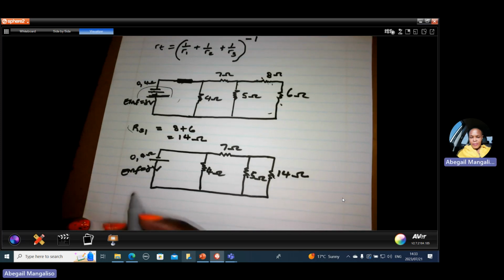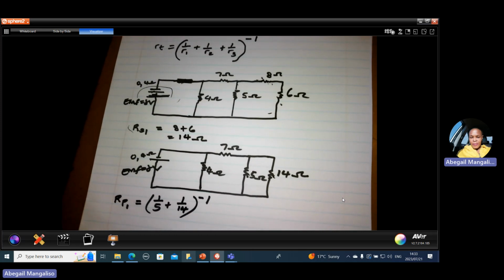So these two will give us RP1. It's an external resistor, so I'm using capital letter R. If they are parallel, the formula is 1 over all to the power negative 1. So it will be 1 over 5 plus 1 over 14, all to the power negative 1, the inverse, to get the R parallel.